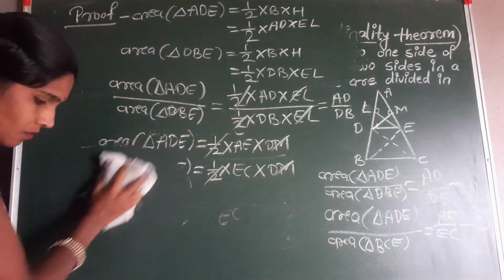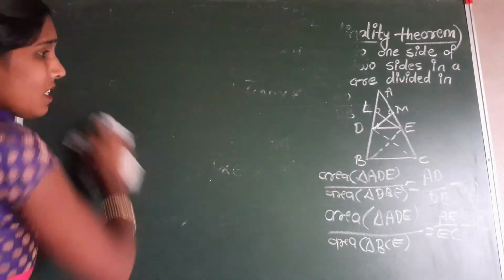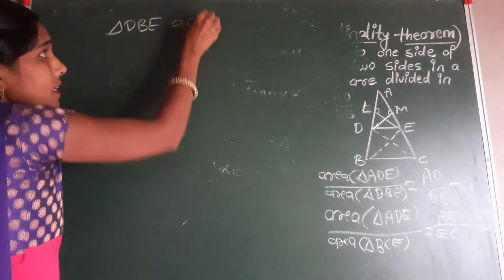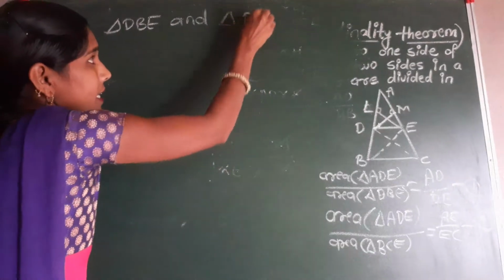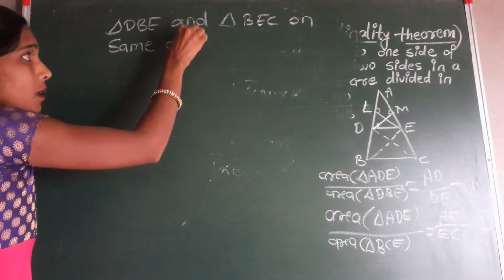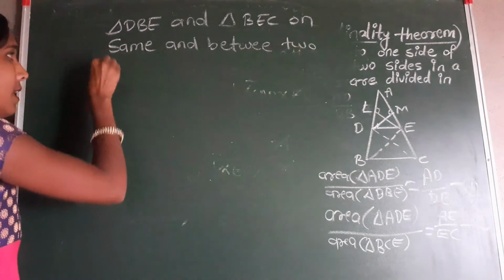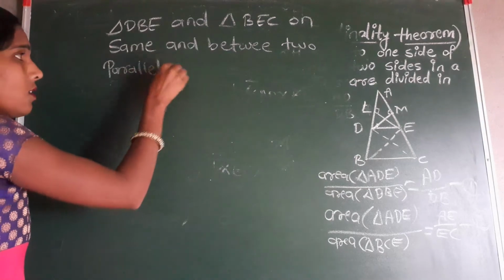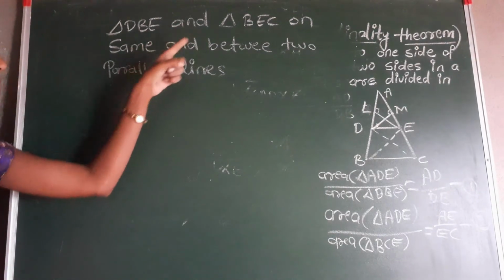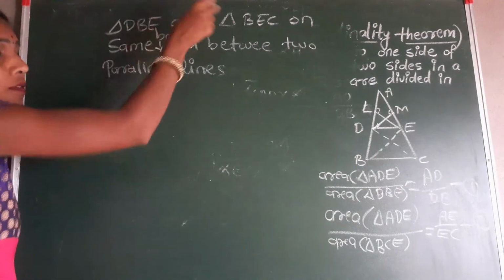We know that triangle DBE and triangle BEC are on the same base and between two parallel lines. If two triangles are on the same base and between parallel lines, then the areas of these triangles are equal.